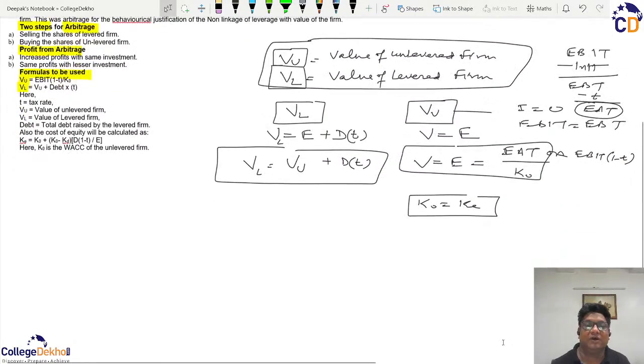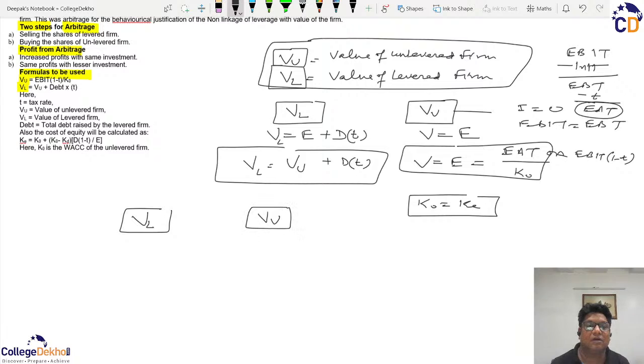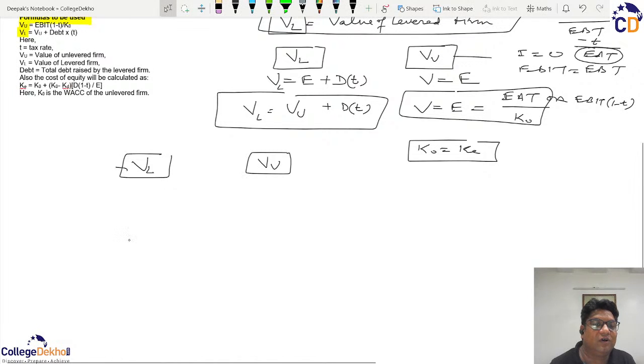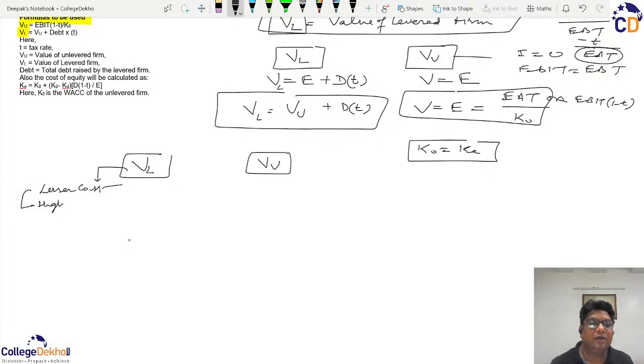So how this theory works, that if we compare a levered firm with an unlevered firm, it starts with the basic assumption that because the levered firm will have lesser cost, it will result in high earning per share for the company, and as per the objective of wealth maximization, higher EPS will result in a high market price of the share.